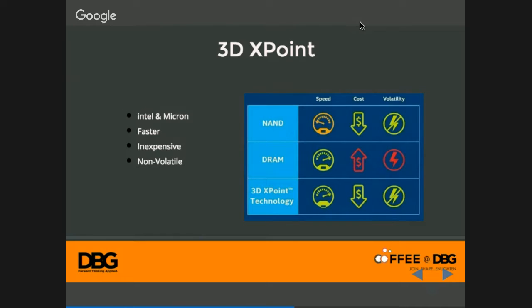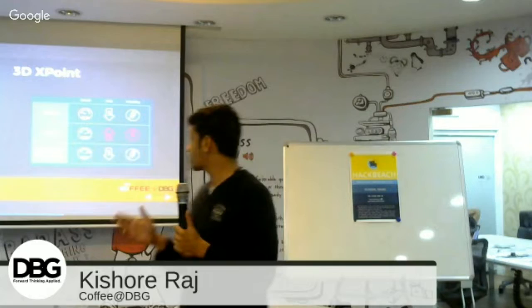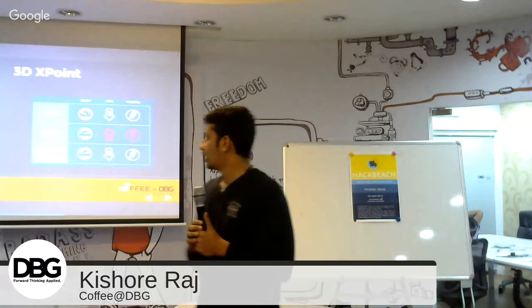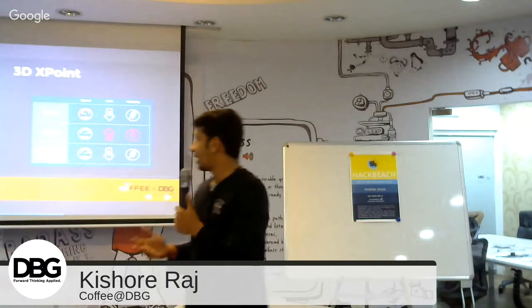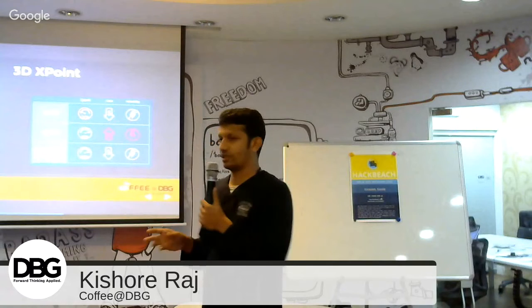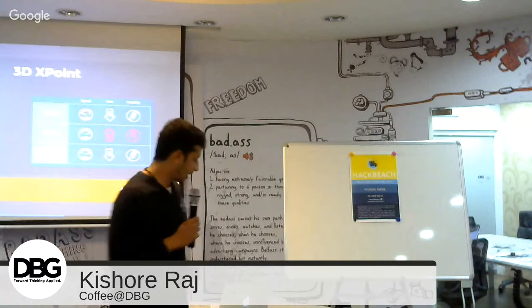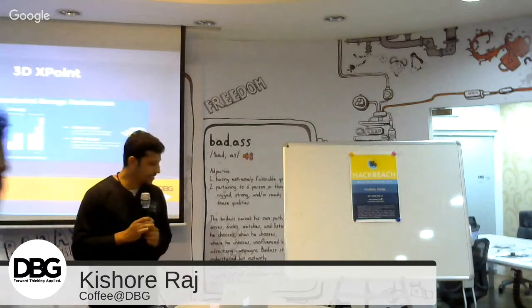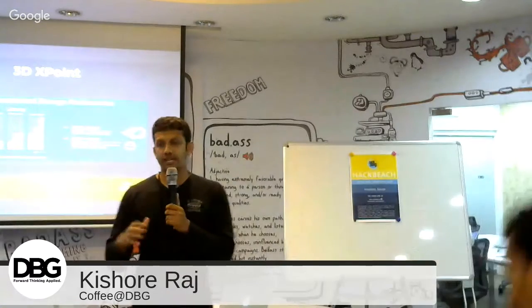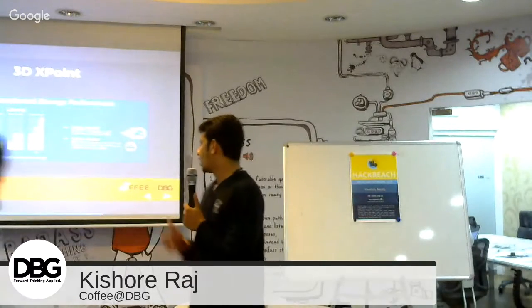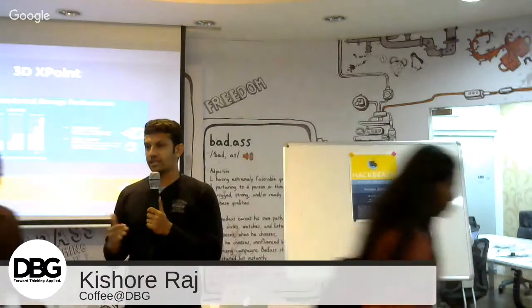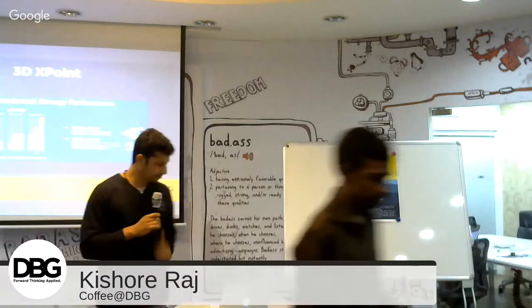So Intel and Micron introduced a new third-generation memory technology, 3D Crosspoint. It's really much faster, inexpensive, and non-volatile. It's 1,000 times faster than NAND and 1,000 times faster than hard disk, that means today's SSD.